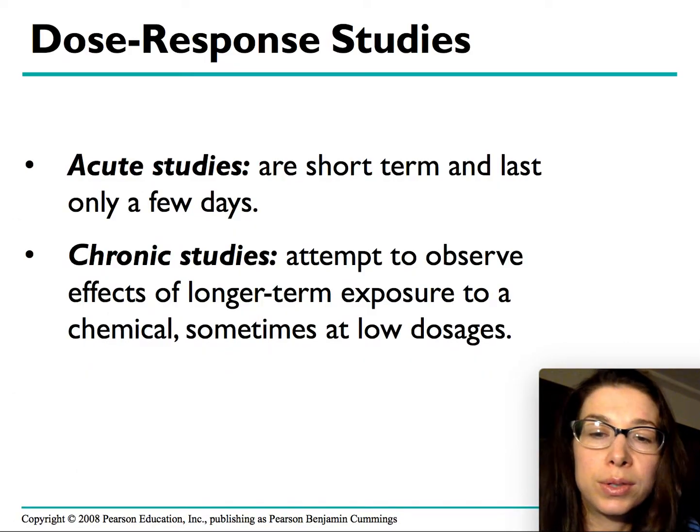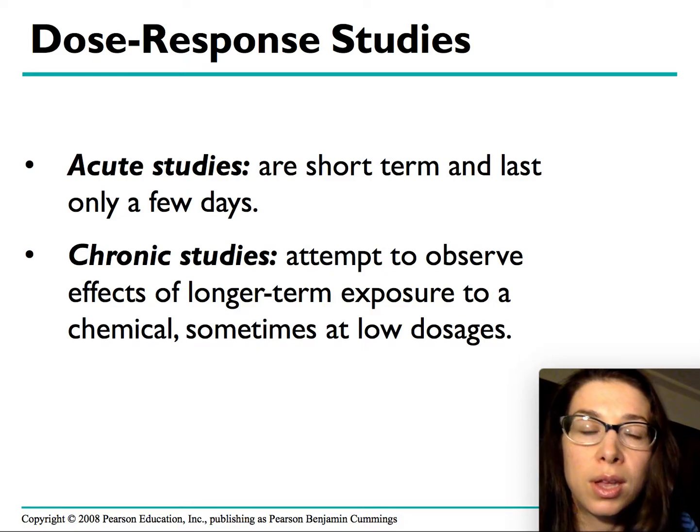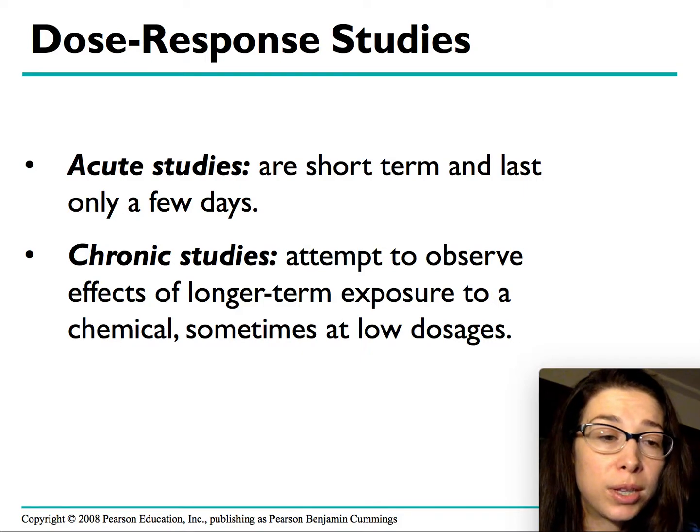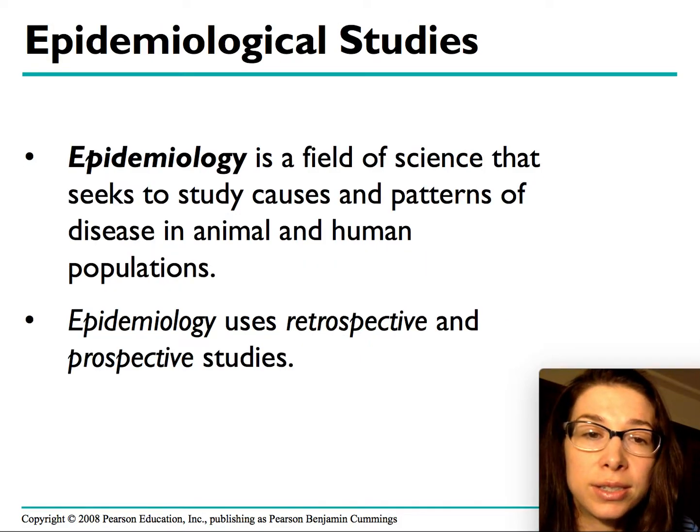Okay, so different kinds of studies we can do. We can do acute studies for the short term. We can do chronic studies to look at long-term exposure to a chemical. Sometimes that's more of a low dose. And importantly, epidemiology is the field that studies the causes and patterns of disease in a population.